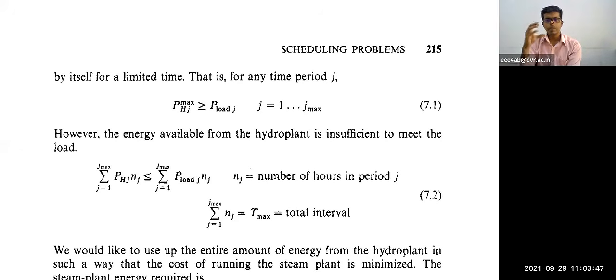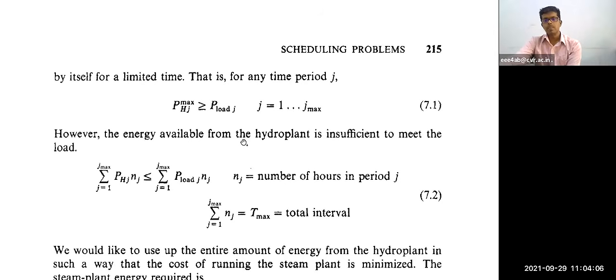Instead of lasting three months, it will last only 1 month. Why? Because we are generating throughout the day, 24 hours. So if you generate only 12 hours or only 10 hours, then you can optimize that also. That's what is said here.